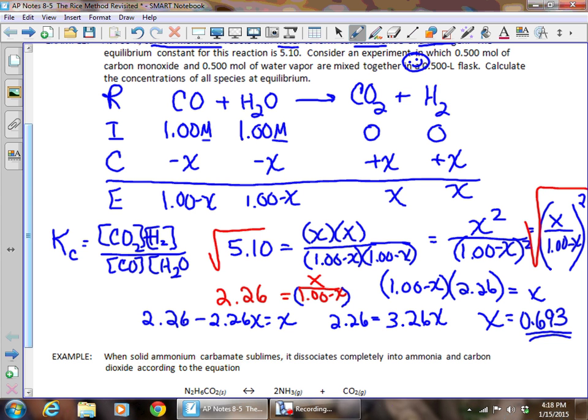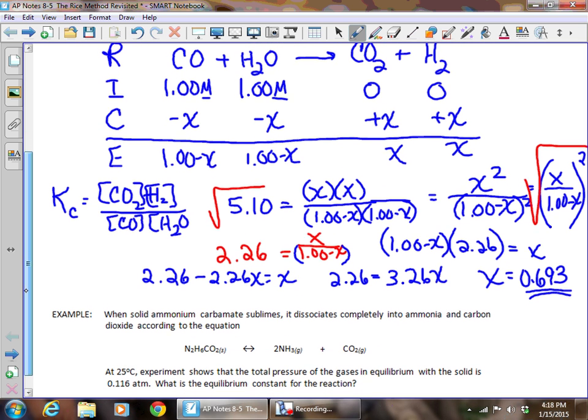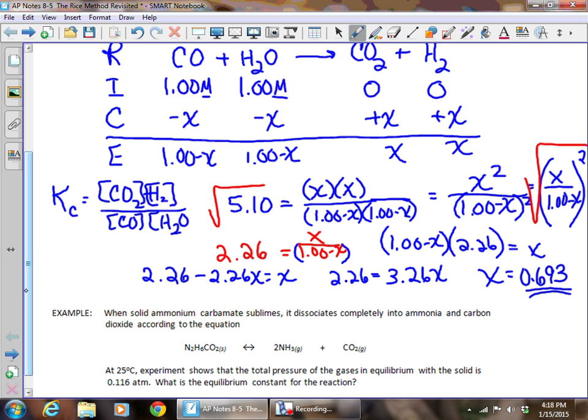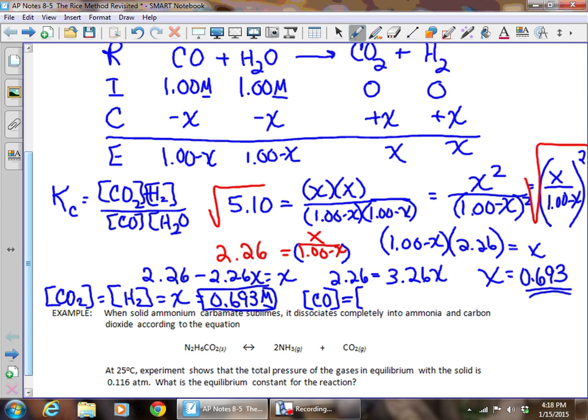Once I have x, I'm looking pretty good, because all of my equilibrium concentrations that it wants me to find are in terms of x. Both CO2 and H2 are x. So the concentration of CO2 is equal to the concentration of H2, which are both equal to x, which is 0.693 molar. My carbon monoxide is equal to my H2O.